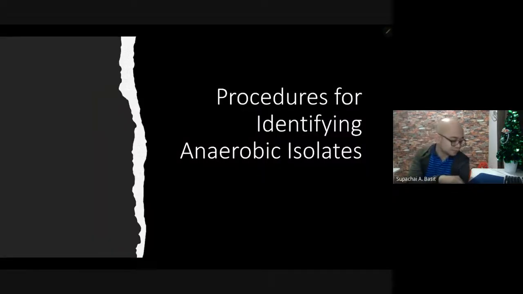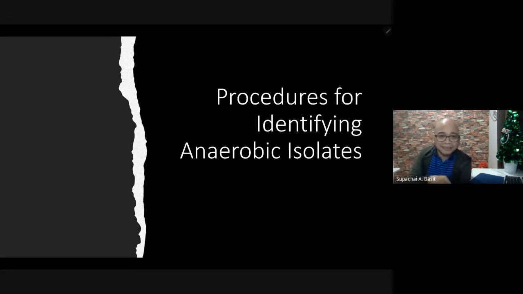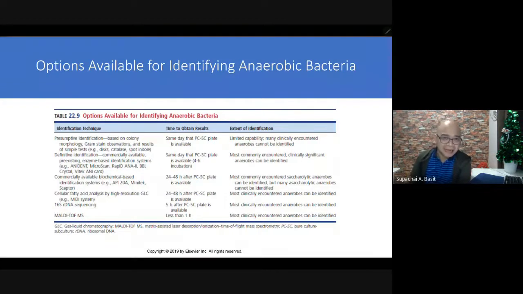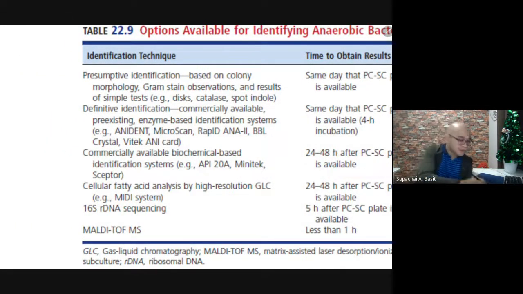Okay, so, what are the procedures for identifying anaerobic isolates? We can have presumptive identification. So when we say presumptive identification, this is based on colony morphology. And then we can have definitive identification. This is based on the commercially available system.